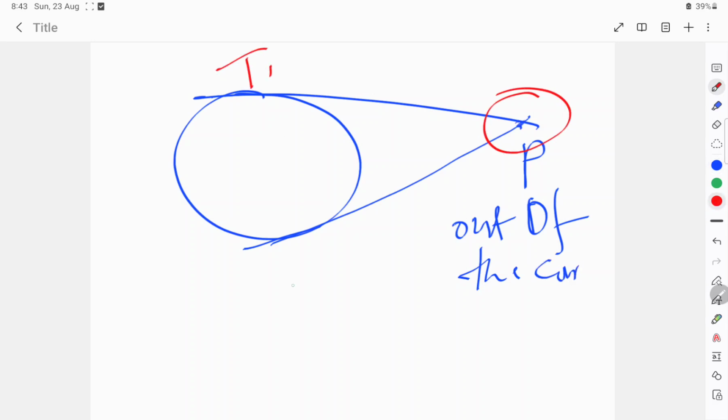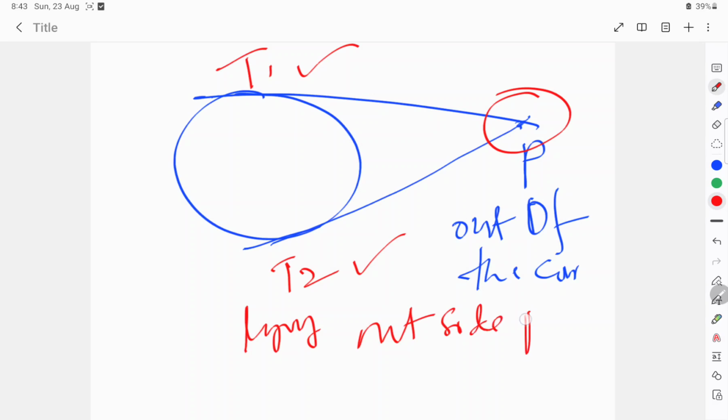Now T1 and T2. There are exactly 2 tangents. 2 tangents can be made. So there are exactly 2 tangents to a circle through a point lying outside the circle. This is the third case.